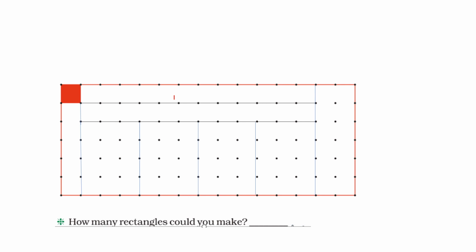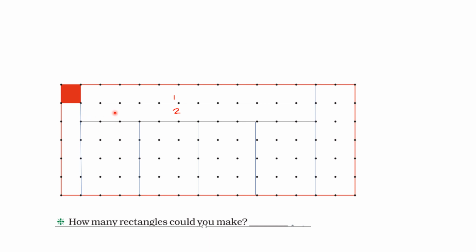So here the first one I got is this. This is the second one. Let's count how many squares here. 1, 2, 3, 4, 5, 6, 7, 8, 9, 10, 11, 12. Have you got it?